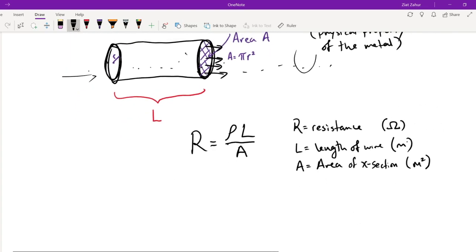And finally, this new thing, rho, the resistivity, which is the physical property of the metal. Not resistance, it's resistivity. And the units are ohm meters, ohms times meters.